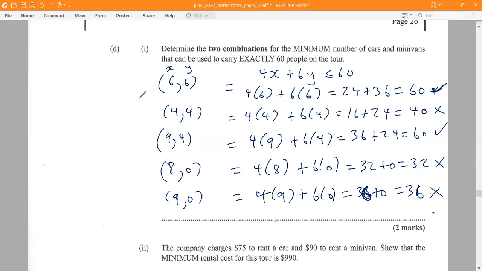The answer: you have 6 cars and 6 minivans, that's number 1. Number 2, you have 9 cars and 4 minivans. Those are the 2 combinations.